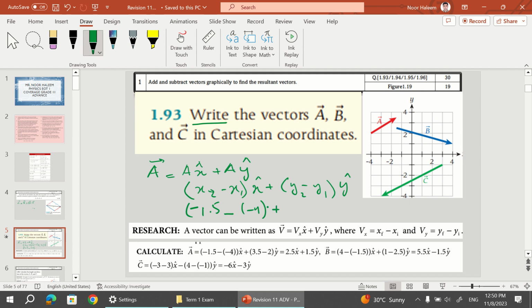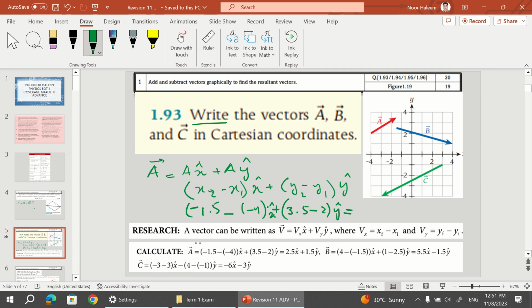Then we have plus x unit vector here. Don't forget this x unit vector. Okay, y2, how much? Is it 3.5? Yeah, so 3.5 positive. You're looking from the solution down. Don't look, you will not understand them. Okay, find the answer. What is the answer? Minus into minus will be plus.